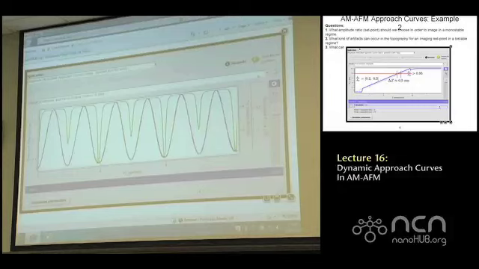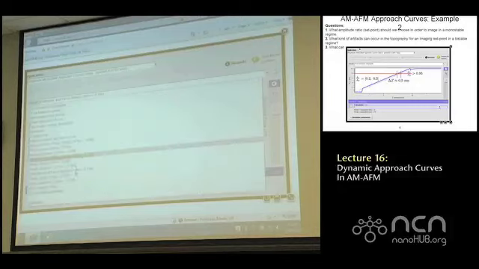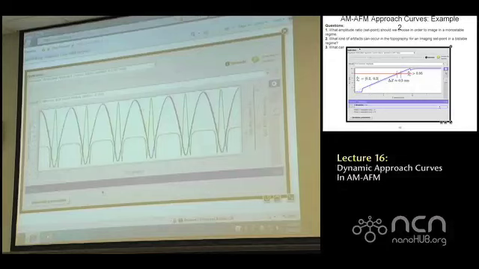And then finally, if we go down to 0.1 A0, here is where we're actually tapping on the sample. You can see this pretty characteristic tip sample interaction waveform for tapping mode AFM. It has DMT contact.